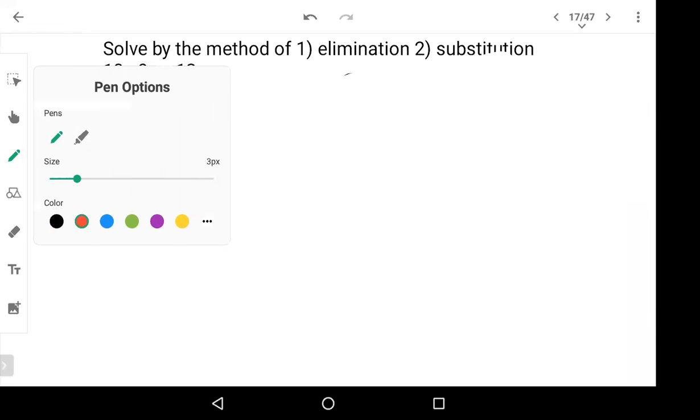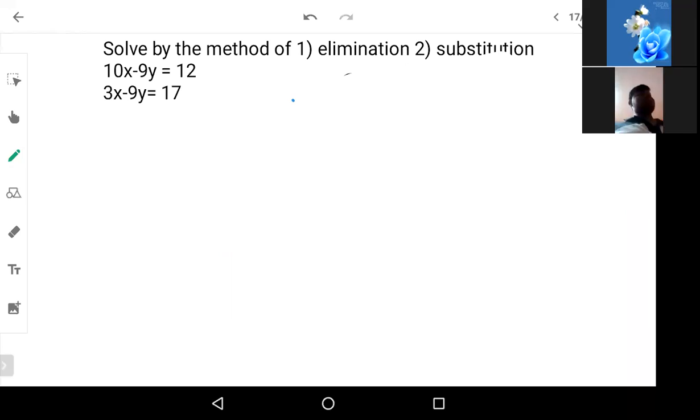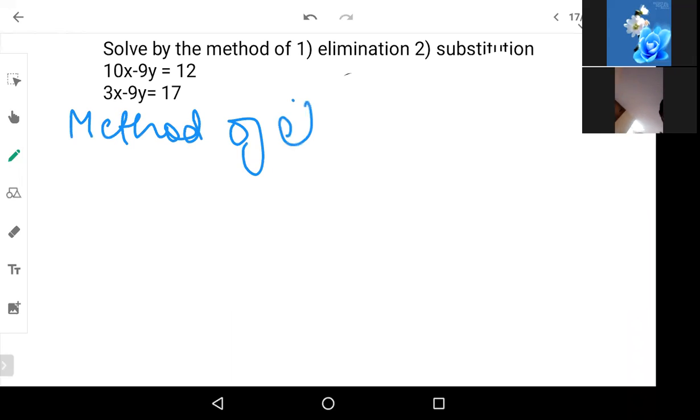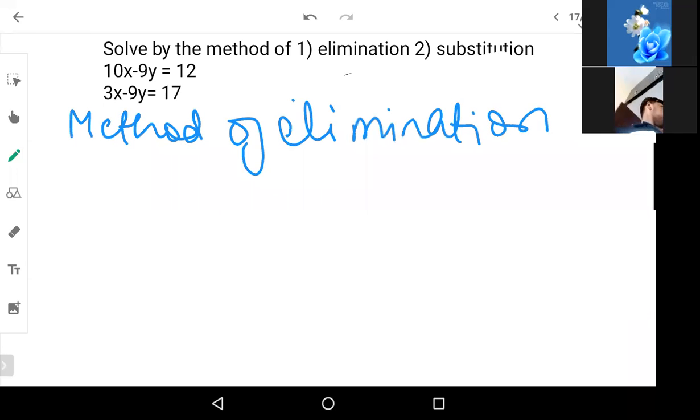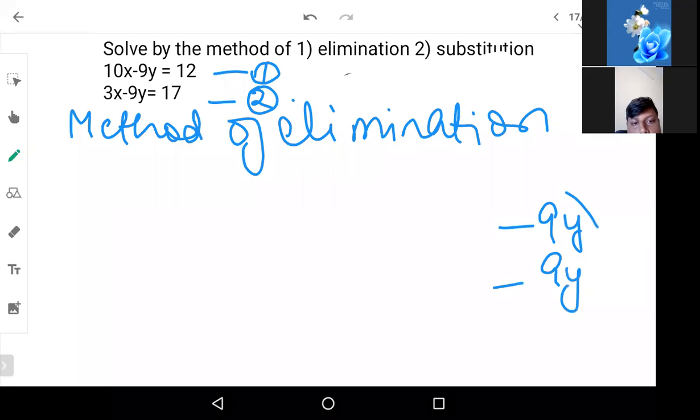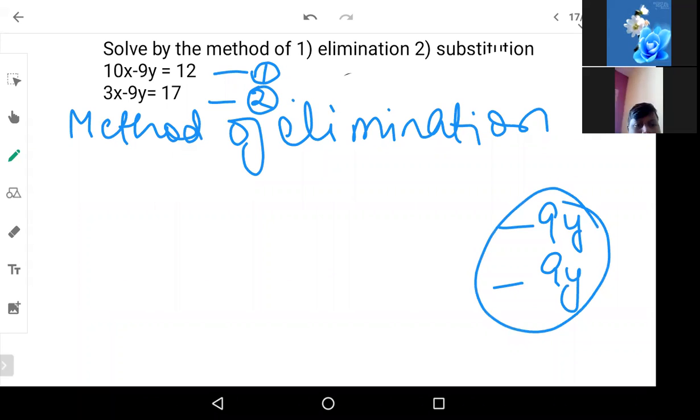Okay, let us do it together now. First, method of elimination. Now in the method of elimination, considering this as first equation and this as second equation, if you see here, minus 9y and minus 9y is already there, correct?